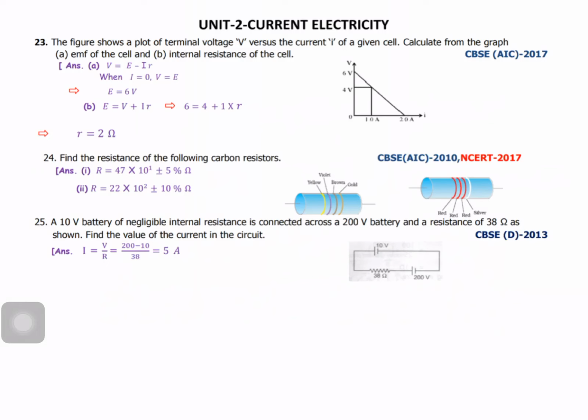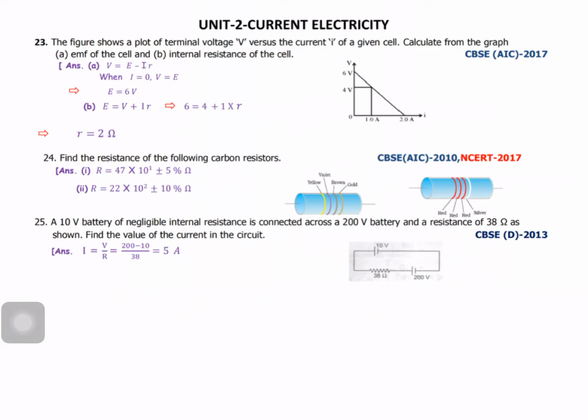See the diagram clearly. Voltage is given on the y-axis, current on the x-axis. There's one slope here, from 6 volt to 2.0 ampere.